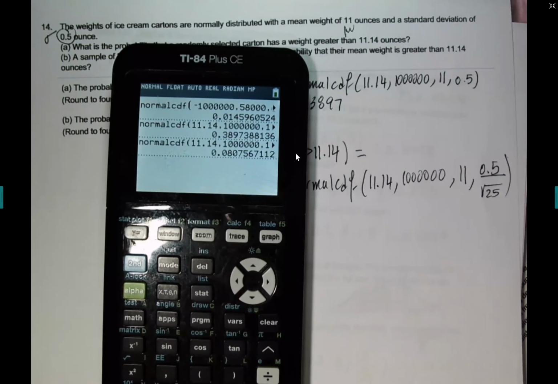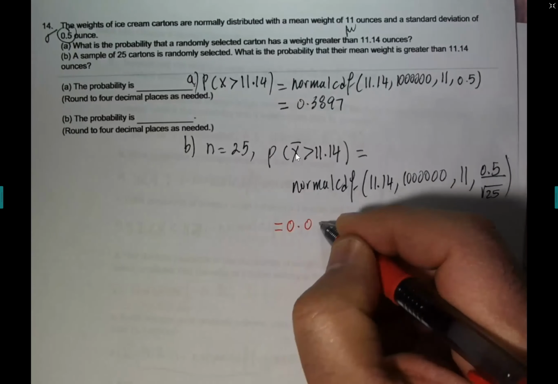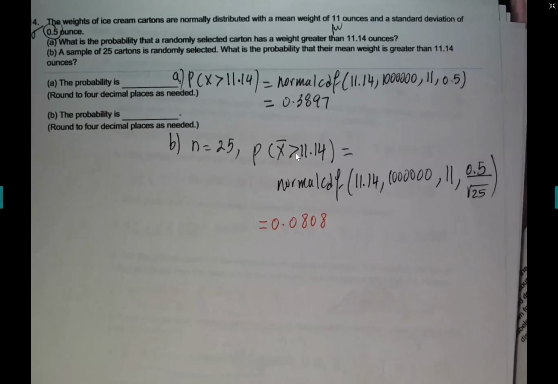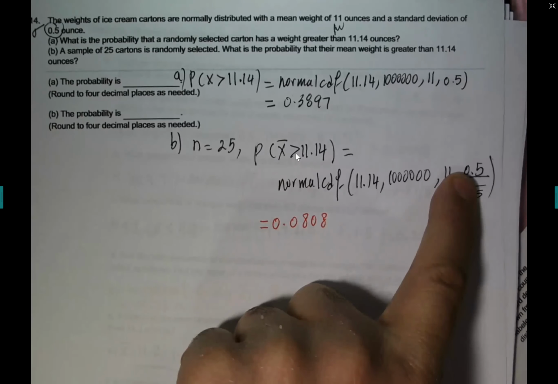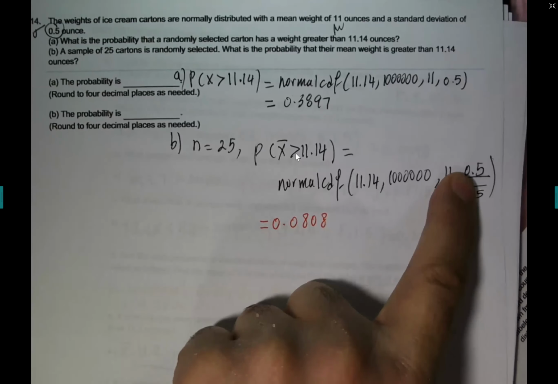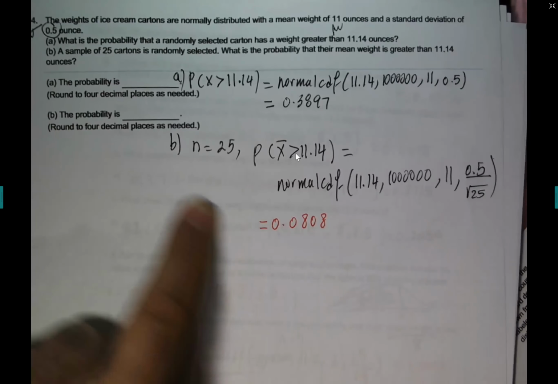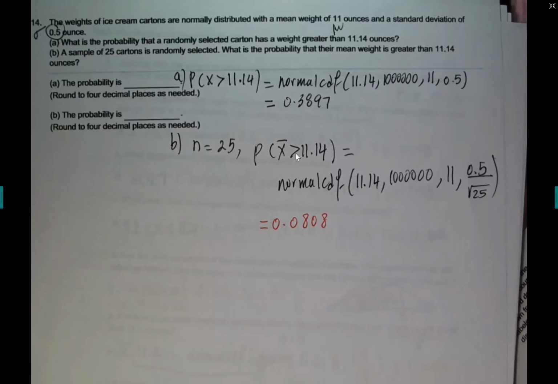It's not the same. So again, when you work with sample means, when you work with the X bar, remember not to use only the original standard deviation. Use the original standard deviation divided by the square root of the sample size, which he gave you right here. That ends the review.